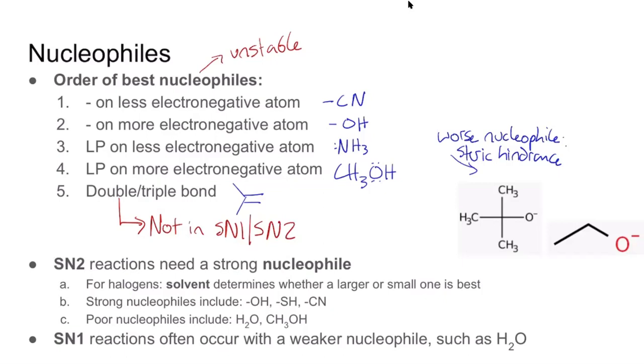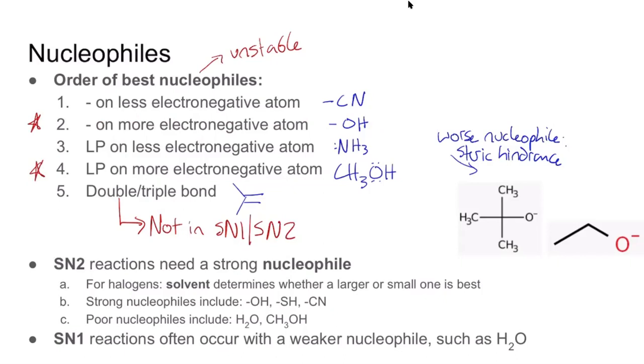So nucleophiles that you're going to be seeing a lot with both SN1 and SN2 reactions, I'll go ahead and star them. Probably number 2, which is our lone pair on a more electronegative atom, and you'll often see something like this, a lone pair on a more electronegative atom.